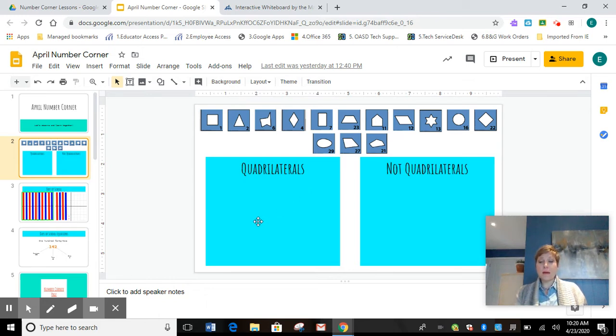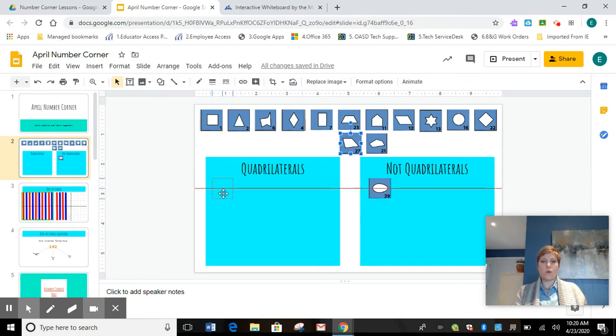I'm going to put my mouse over one of these shapes and I need you to tell me, is it a quadrilateral or not? An ellipse. You're right, it is not. What about this shape here? It is.